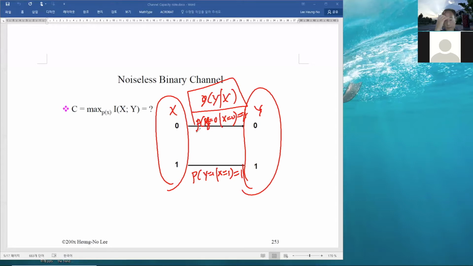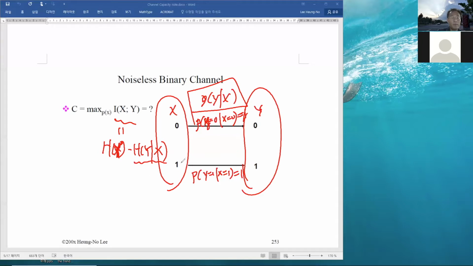What is the capacity of this channel? The capacity can be written as H of Y minus H of Y given X. What can we tell about H of Y given X?